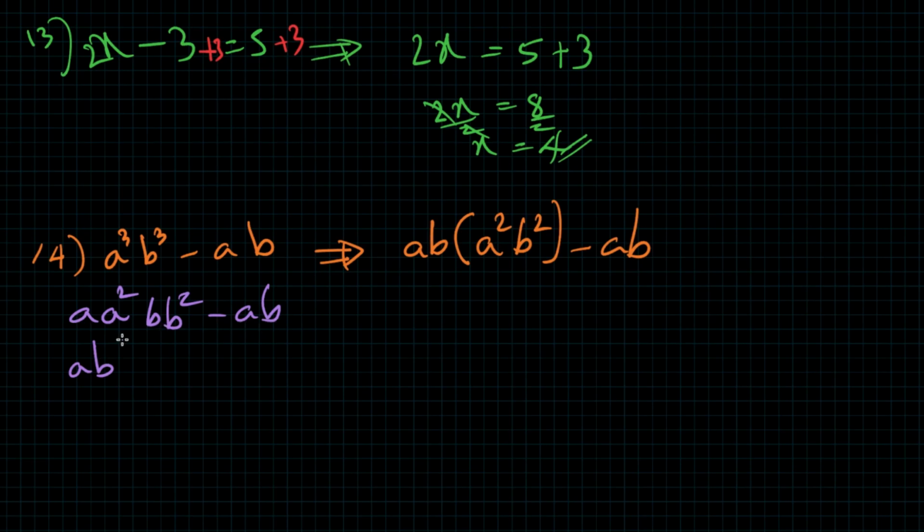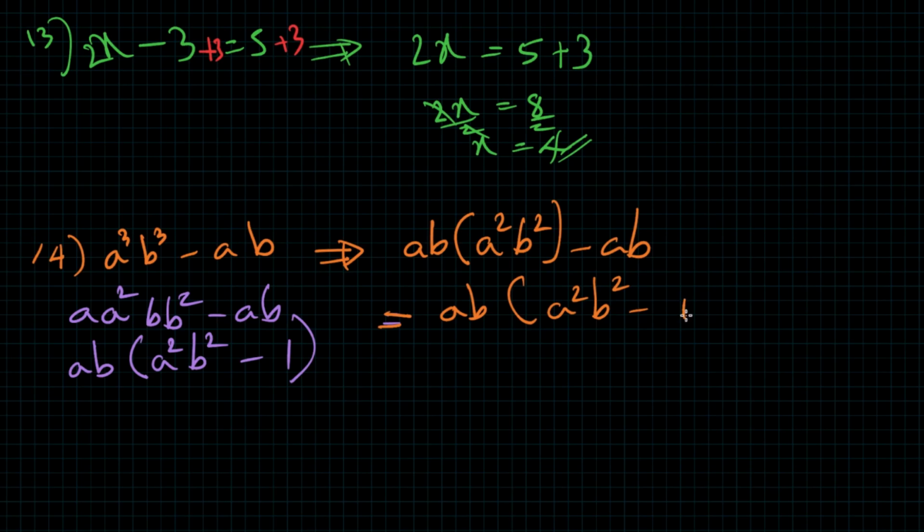Here also we have ab, that's why I take the ab out. Then what remains is a squared b squared minus 1. Let's write it here, otherwise you will get confused. Take the ab out, (ab) squared minus 1. Okay, 1 equals 1 squared, so there's no difference.